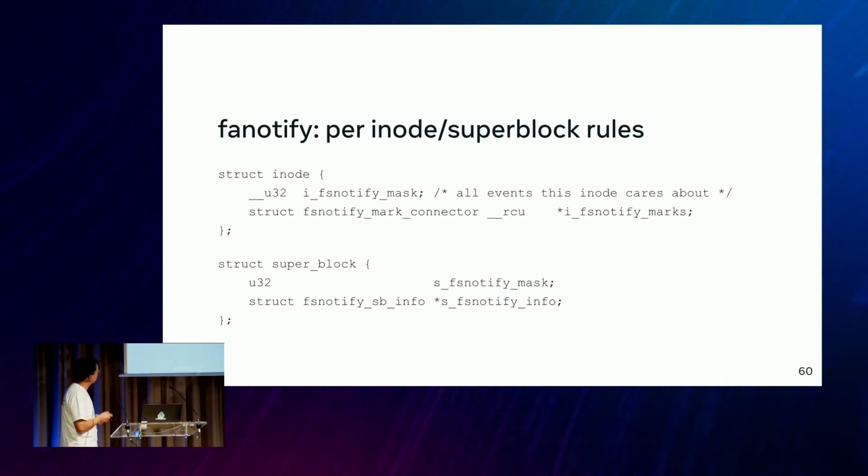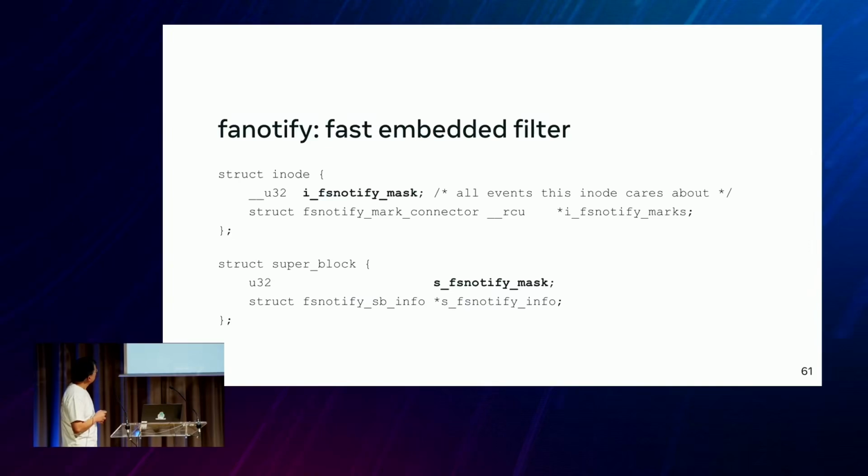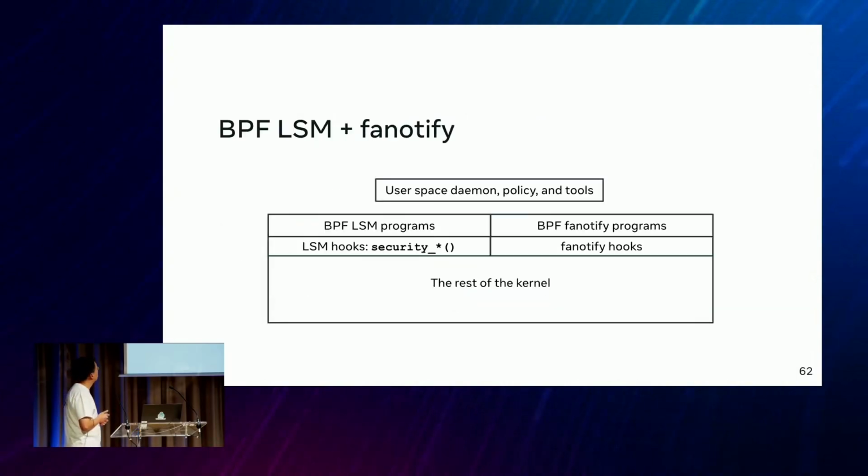Similarly, we have something in the superblock. I want to highlight that this is a filter embedded into the inode. Recall that with BPF LSM, I have to do 3 pointer dereferences to get my value. And this is right there. It's going to be much faster.